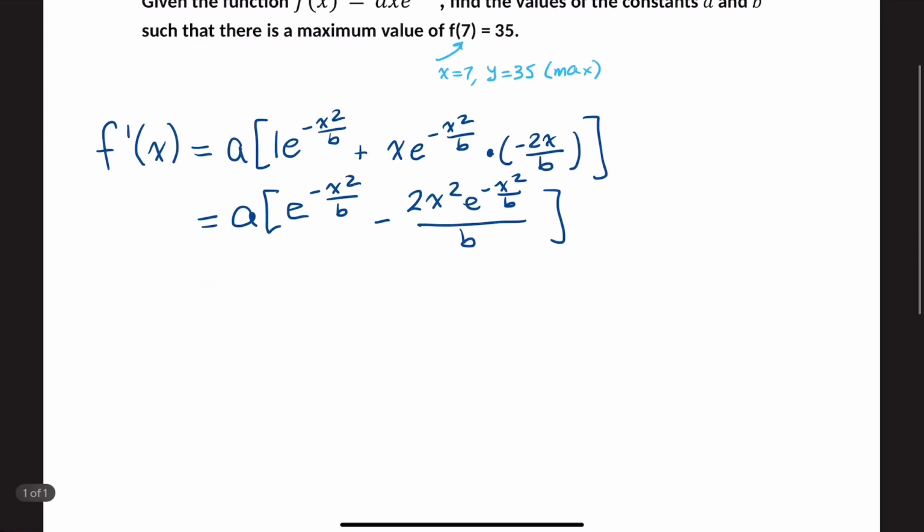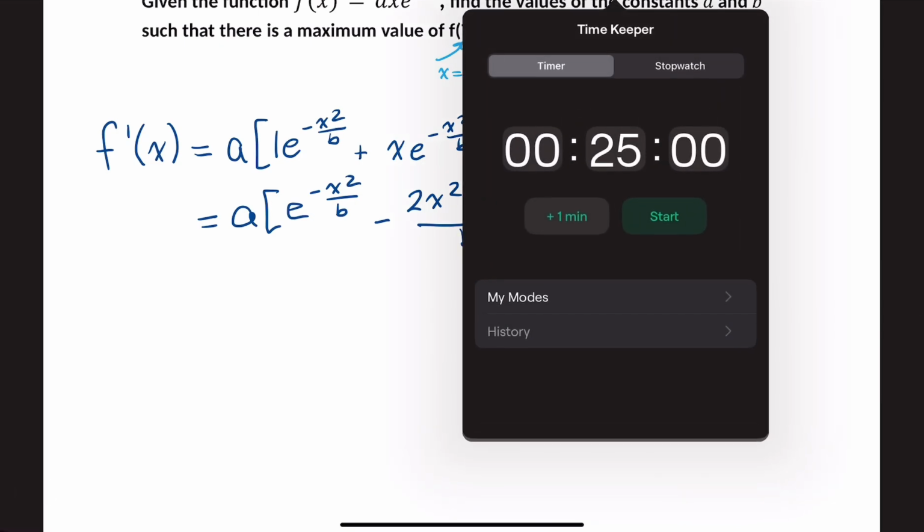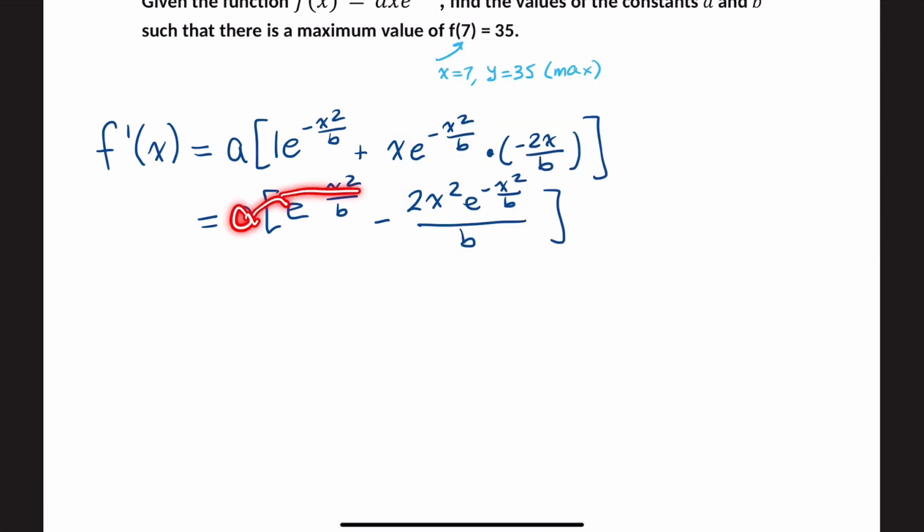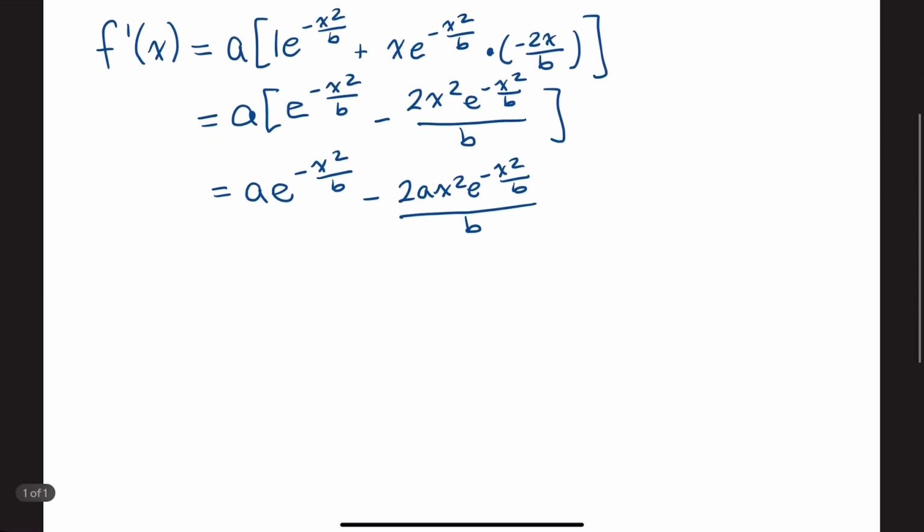Now I'm going to multiply in this a that we were talking about earlier into both. So we can say that this is equal to a e to the negative x squared over b minus 2a x squared e to the negative x squared over b divided by b.